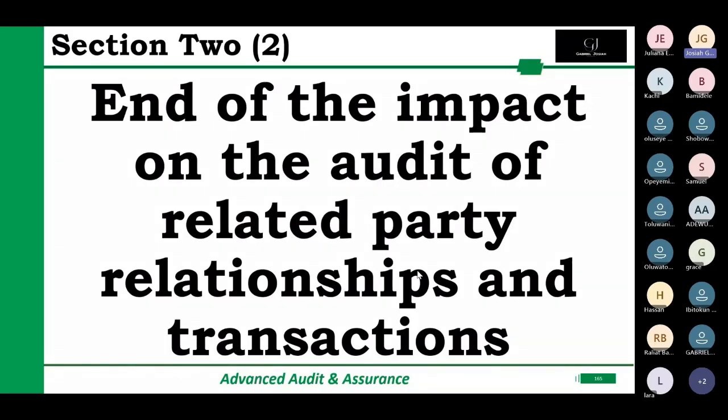And it defined related party as a person or entity that has control, joint control, or significant influence over the entity, or is a member of the entity's key management personnel or close family members. So related party can also include entities under common control. So the challenge is management might fail to disclose related parties due to, number one, oversight, which is rare anyway, number two, negligence, and number three, fraud.